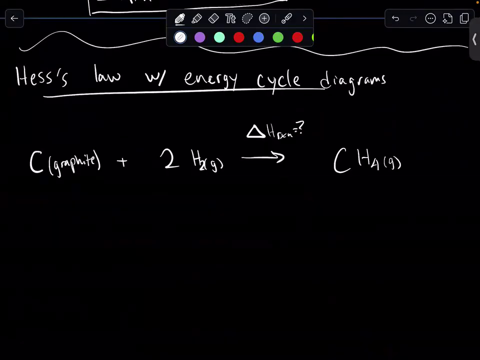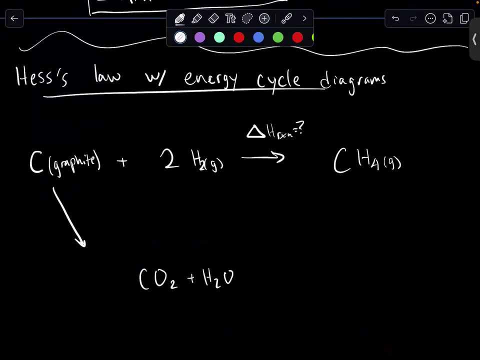However, we can use our data booklet and possibly find that the combustion of graphite forms CO2. This combustion, delta H1, is going to be equal to negative 394 kilojoules per mole.